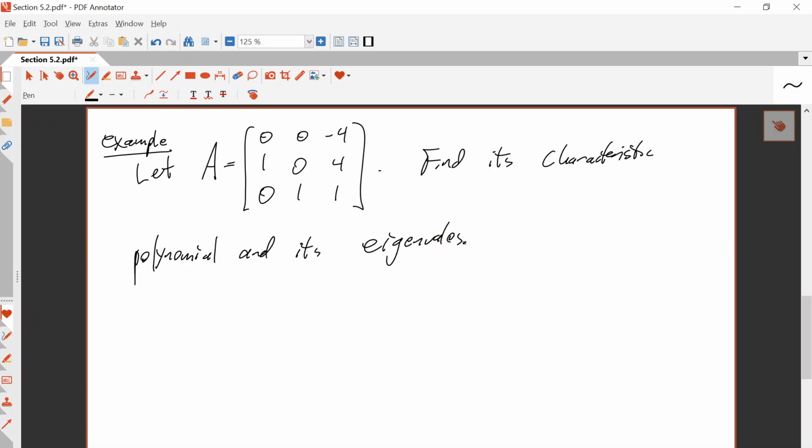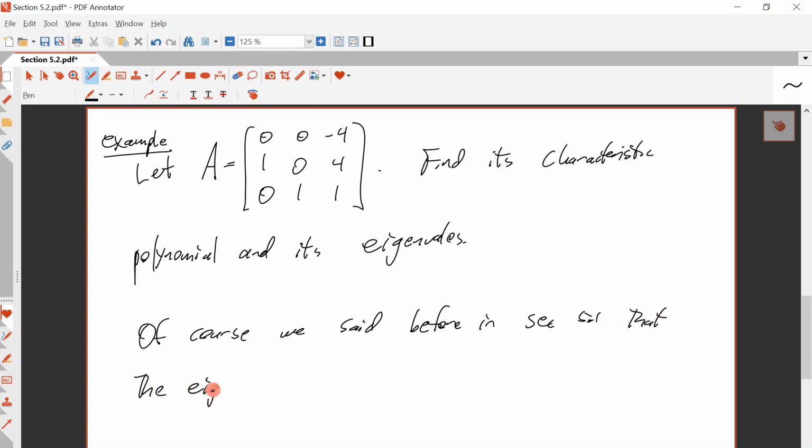Okay, by the way, of course we did this, we said before in section 5.1 that the eigenvalues of A are 2, minus 2, and 1.